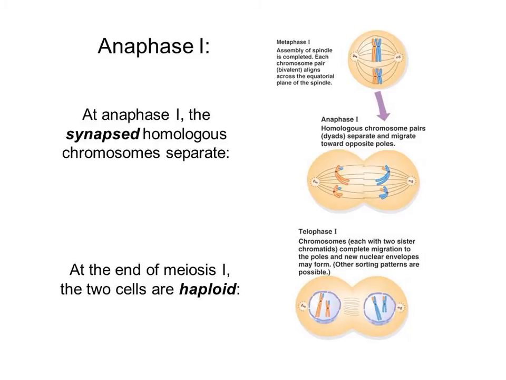This metaphase cell will then have chromosomes be divided, and homologous chromosomes will move to opposite poles. After anaphase I, then we have telophase, where the nuclear envelope will start to reform around these separated homologous chromosomes, and we will then lead into cytokinesis, which will end up with our first two haploid cells.